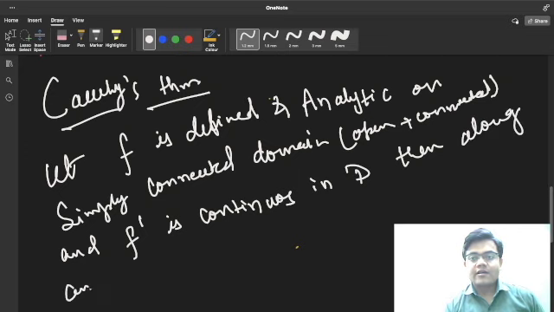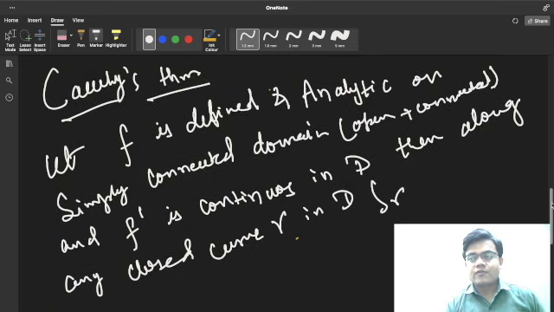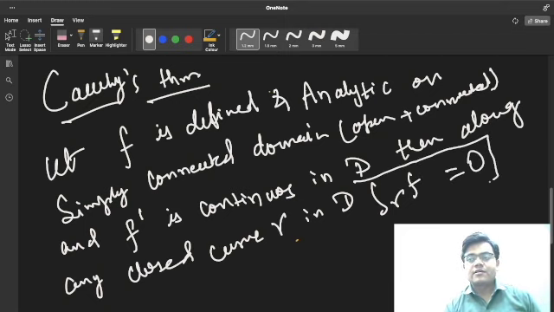any closed curve gamma in D, the integration over gamma of f will be 0. This is Cauchy's theorem.